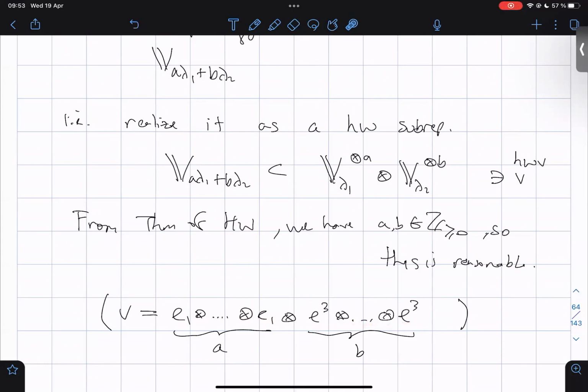So actually, this is sitting in something even smaller inside here. I could take the ath symmetric tensor power of V lambda 1, the bth symmetric power of V lambda 2, tensor them together, and this would lie inside there. Okay, so that's how you construct these representations concretely from these fundamental representations.